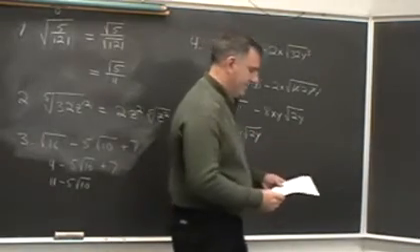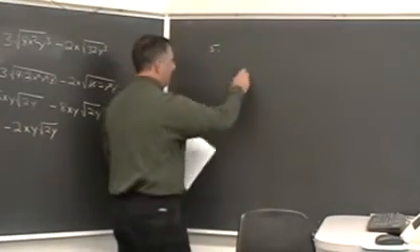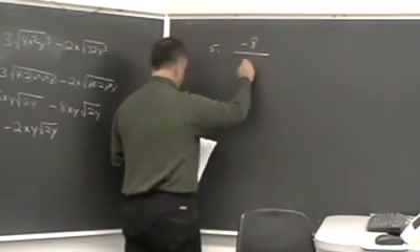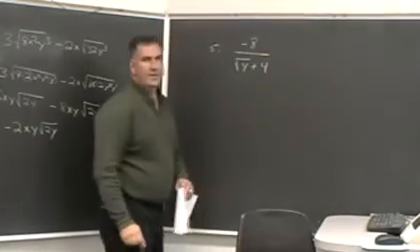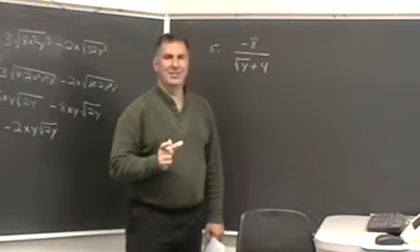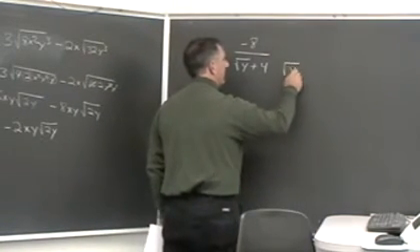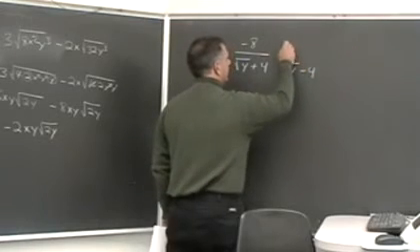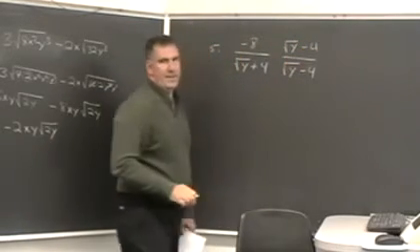Okay, for the last problem, number 5, we have negative 8 over the square root of y plus 4. Now in this problem, we have to use what is called a conjugate. And in this case, that means we're using the square root of y minus 4 to multiply both top and bottom.